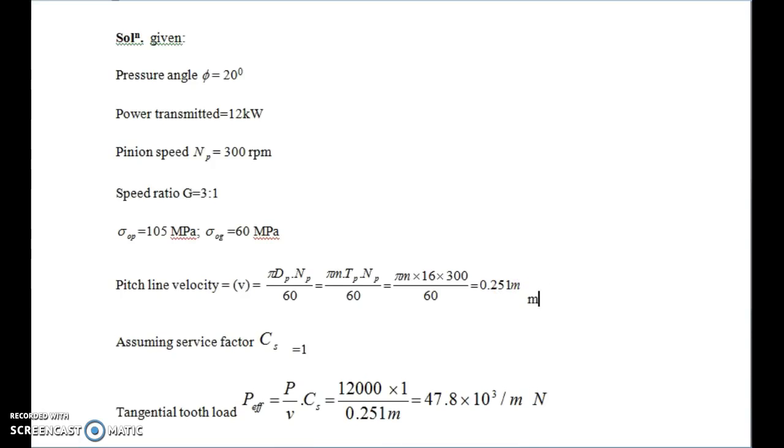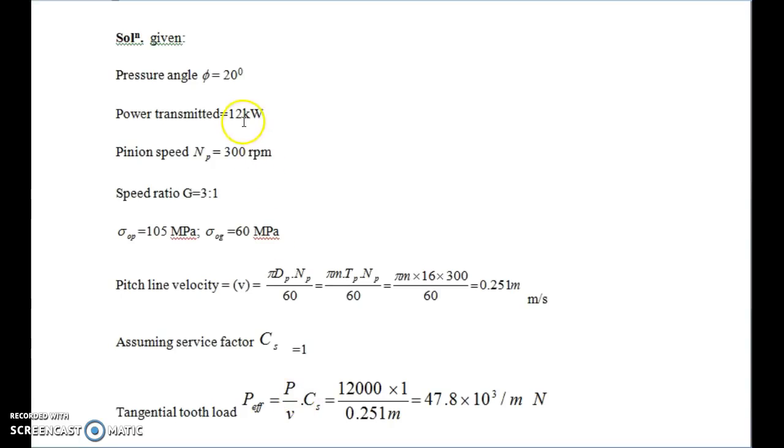m meter per second. Okay, next, assume surge factor is 1. There is no condition whether the load is acting dynamically or not, so we assume 1, and power is given as 12 kilowatt, so we can easily find the tangential load P effective equal to P upon pitch line velocity into surge factor.